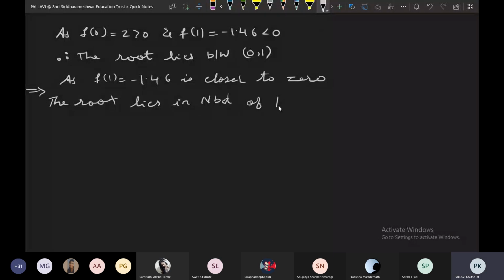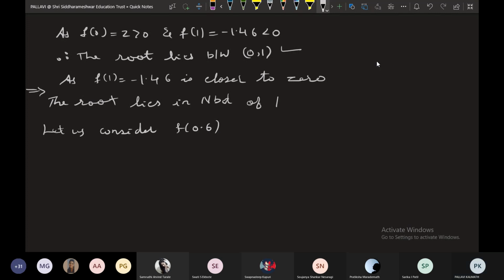Okay, neighborhood of 1, but actually what is for 0 and 1? So can we go beyond 1 or it should be within 1? Within 1. Okay, so let us check it for 0.6.